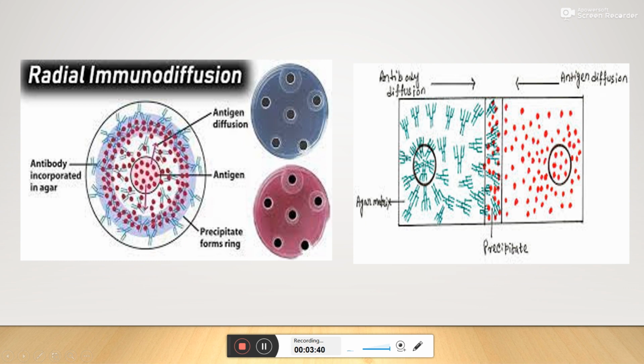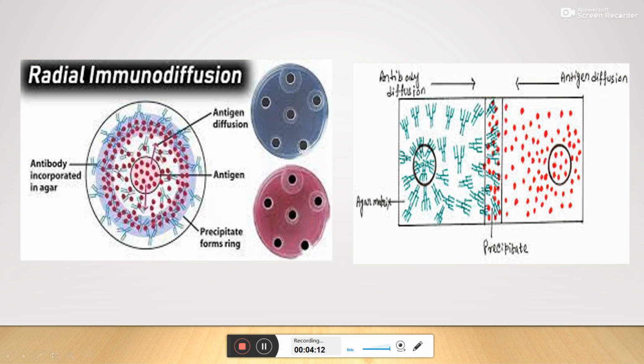After diffusion or interaction, a zone of equivalence is formed where the concentration of antigen and antibodies is the same. As a result, a visible precipitation line forms in the shape of a ring around the well.